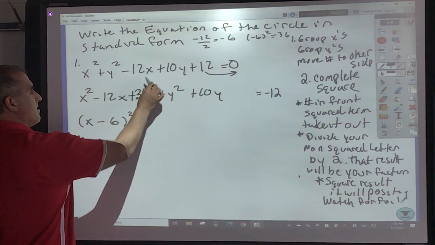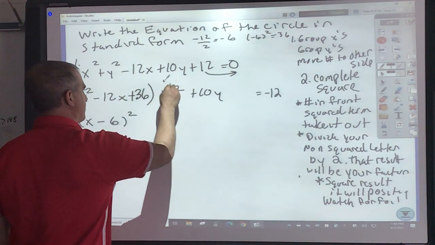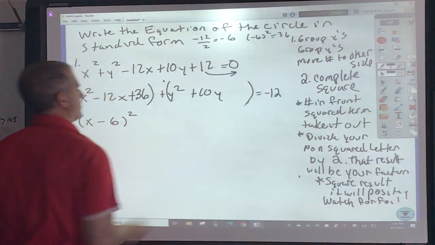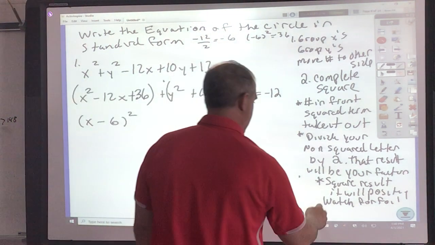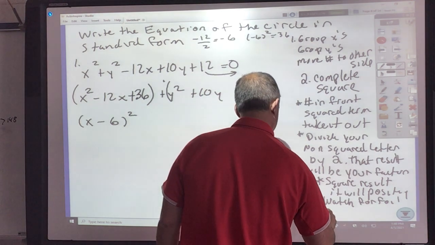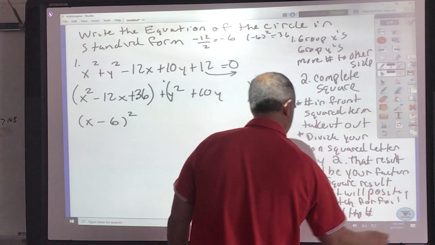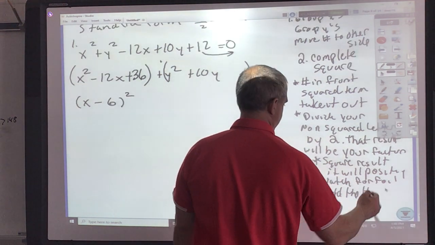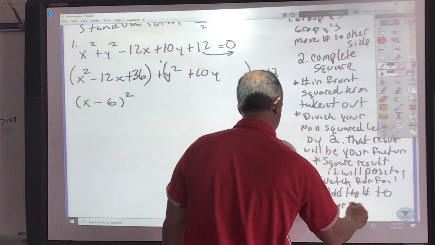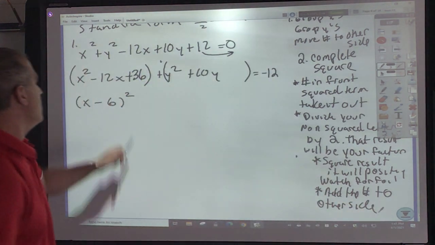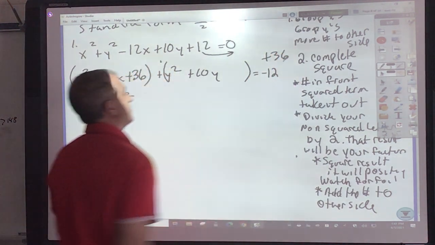I put that here, and go ahead and put parentheses, that might make this a little bit easier. Watch for FOIL, we'll get to that in a second. And add that number to the other side. If I add 36 here, I'm going to add 36 here.